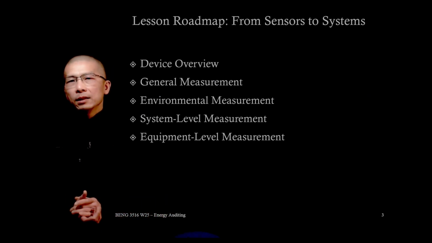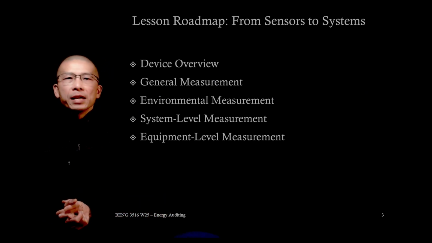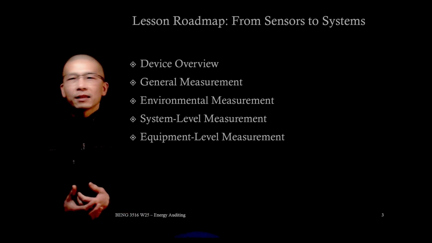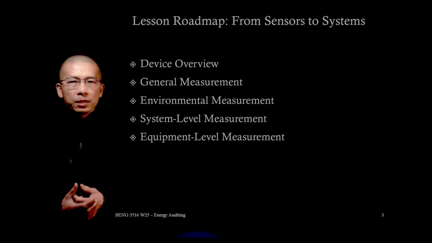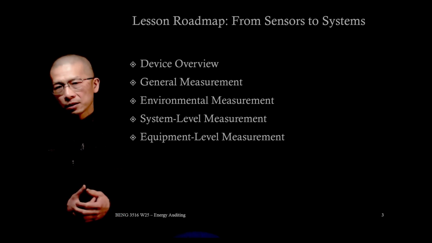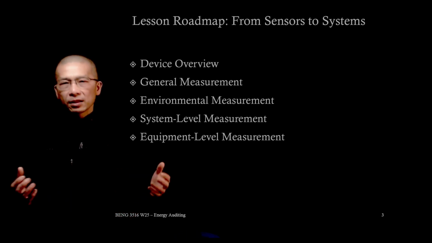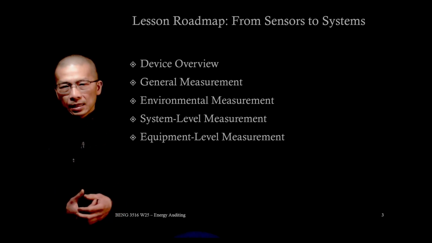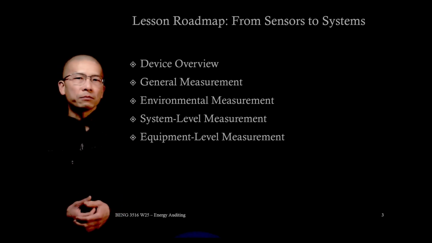We'll start with basic measurement principles, then examine environmental measurement, including lighting, air quality, and thermal comfort. We then take a bird's eye view of system level diagnostics for building envelope, HVAC systems, and electrical systems.